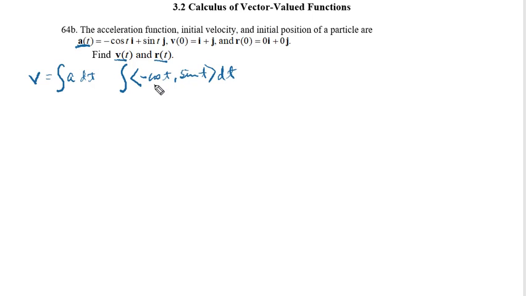Now, the integral of negative cosine t is going to be a negative of sine t, and the integral of sine t is going to be a negative of the cosine of t.